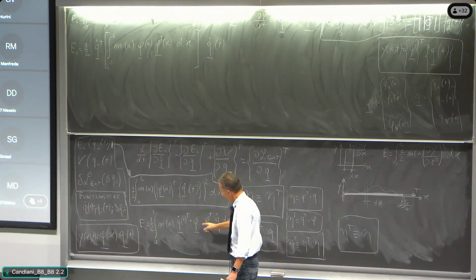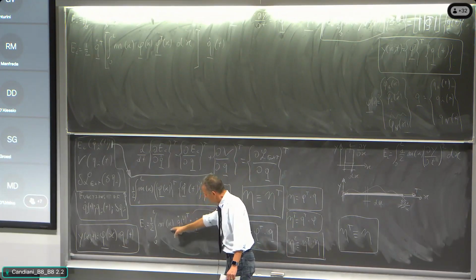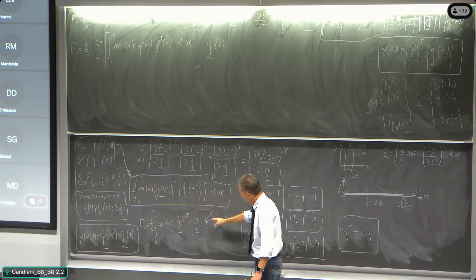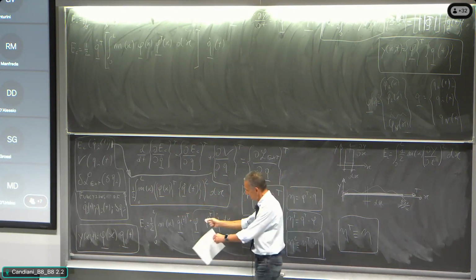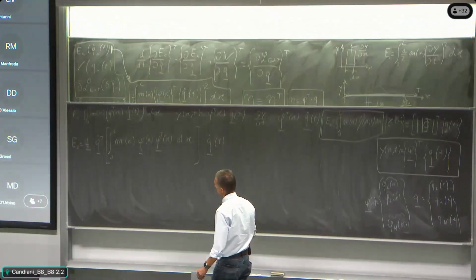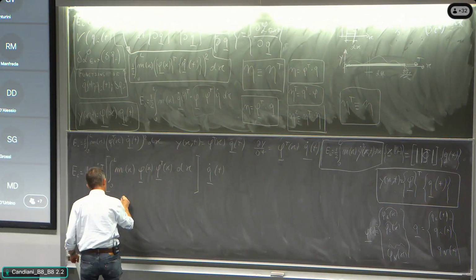Phi is a function of x, phi transposed is a function of x. This object is a function of x. The q dot goes outside, and the other q dot goes outside because they are functions of time. And what is left is inside here. Let's try to understand which is the shape of this object here. This object has the shape of the function phi.